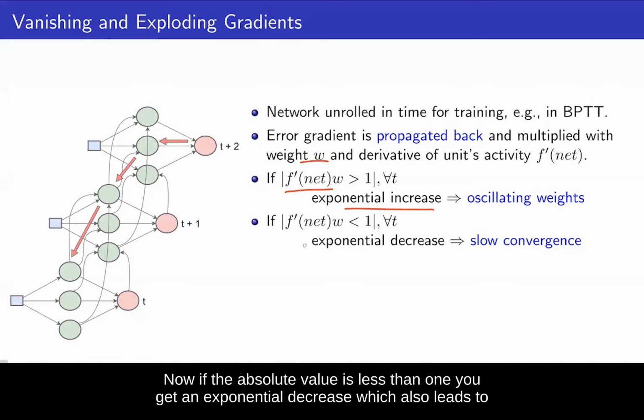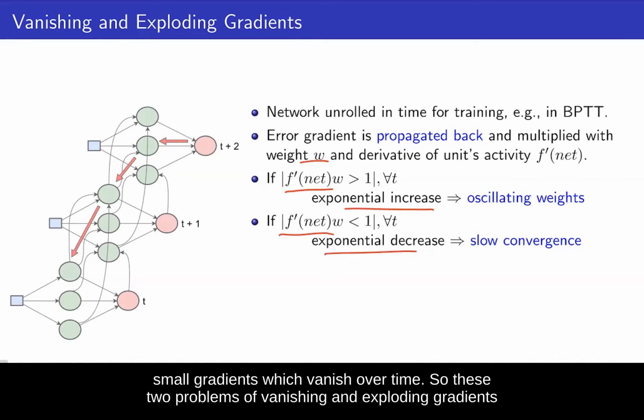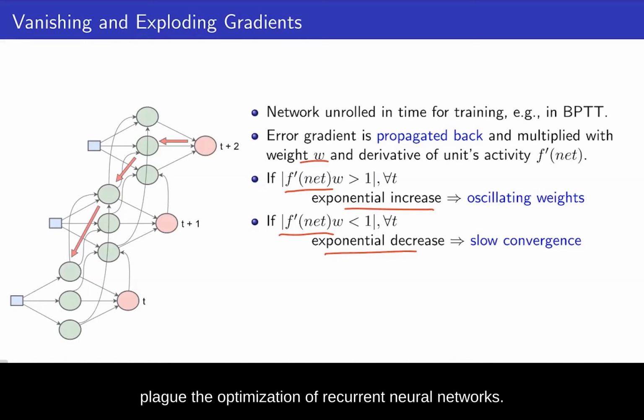Now, if the absolute value is less than 1, you get an exponential decrease, which also leads to small gradients which vanish over time. So these two problems of vanishing and exploding gradients plague the optimization of recurrent neural networks.